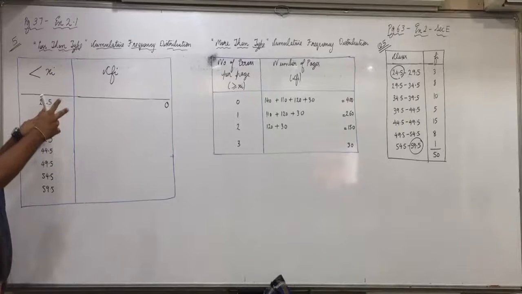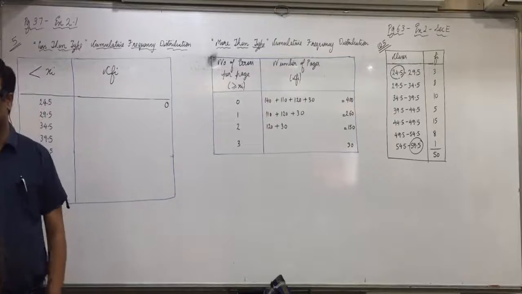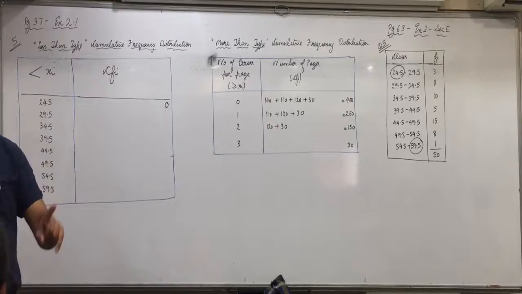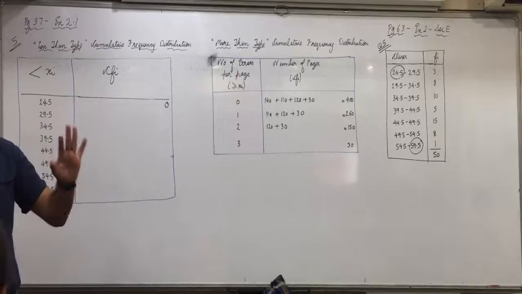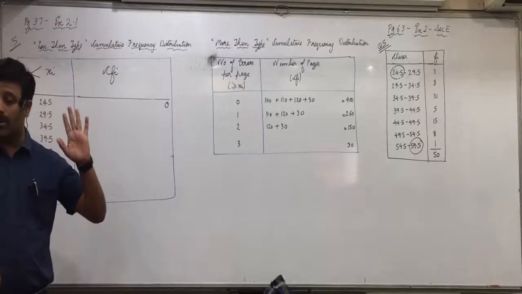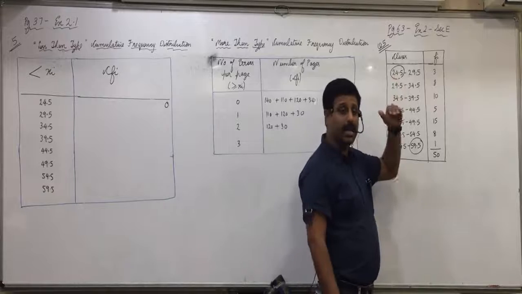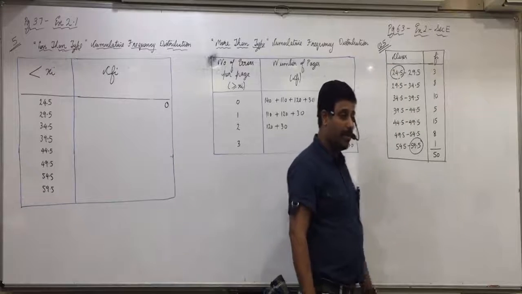So is there any observation in this question which is less than 24.5? Therefore its frequency we write it as 0. So when you obtain less than type from continuous frequency distribution, then first CFi you always take 0. Because we start with the lower boundary point of first class and there is nothing less than 24.5.